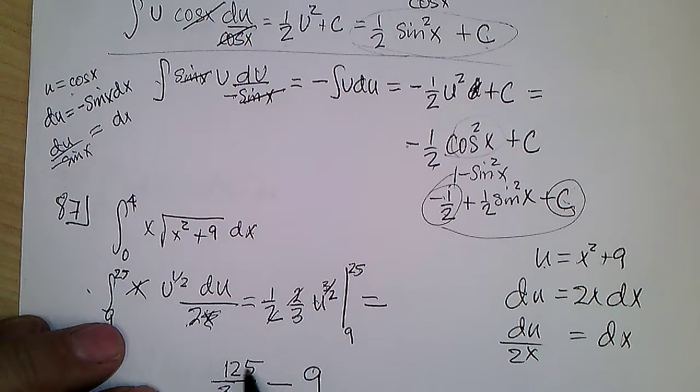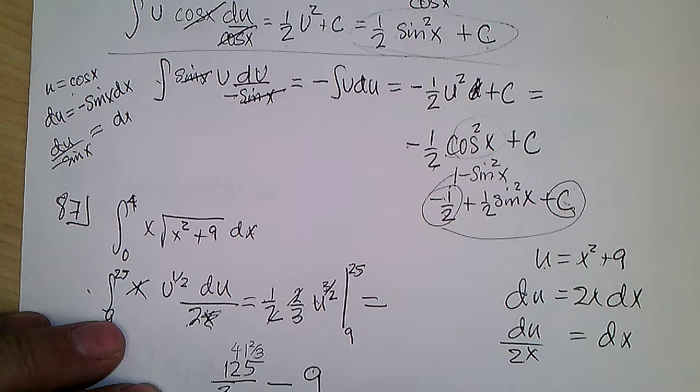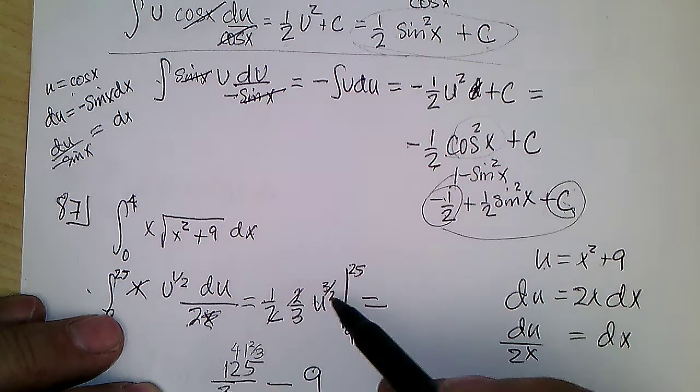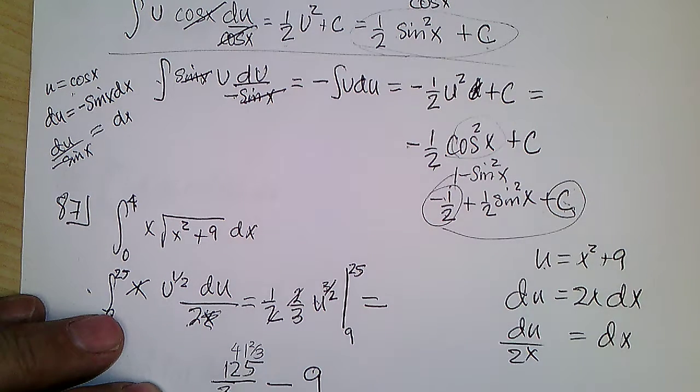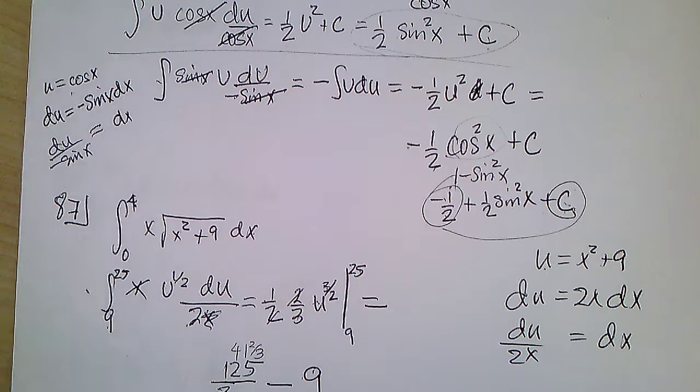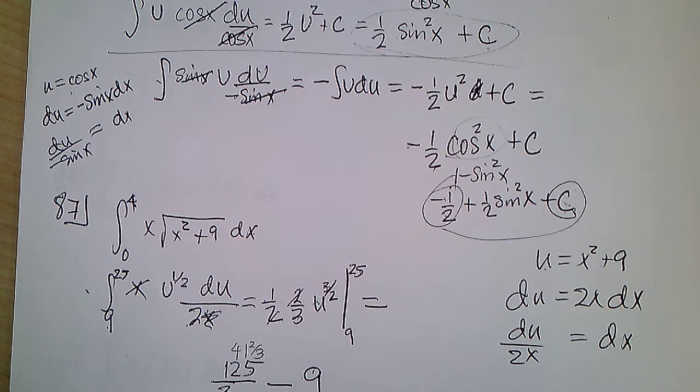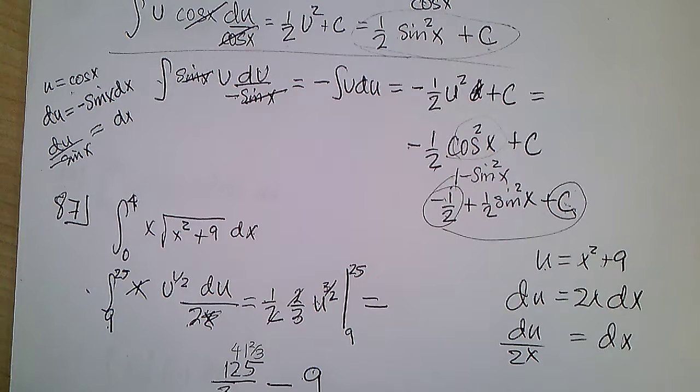And 3 goes into 125, that's 41 2/3. Square root of 9 is 3, cubed is 27, yep. 27 times a third, yes, 9. So minus 9 is 32 2/3.